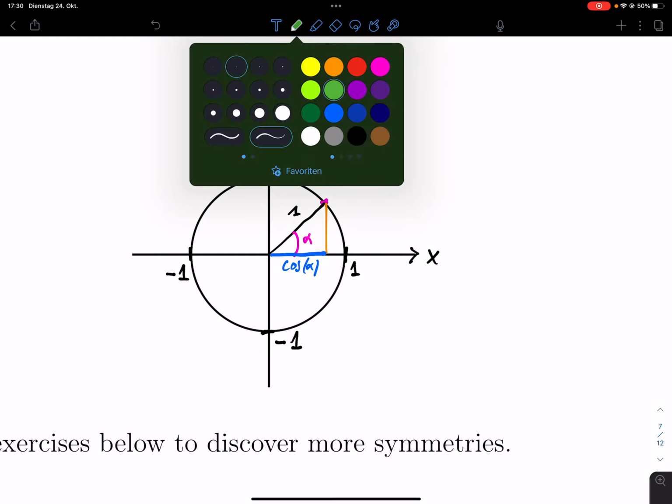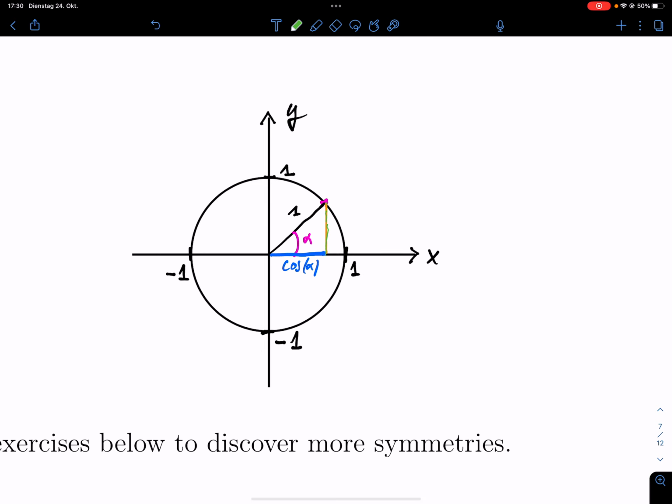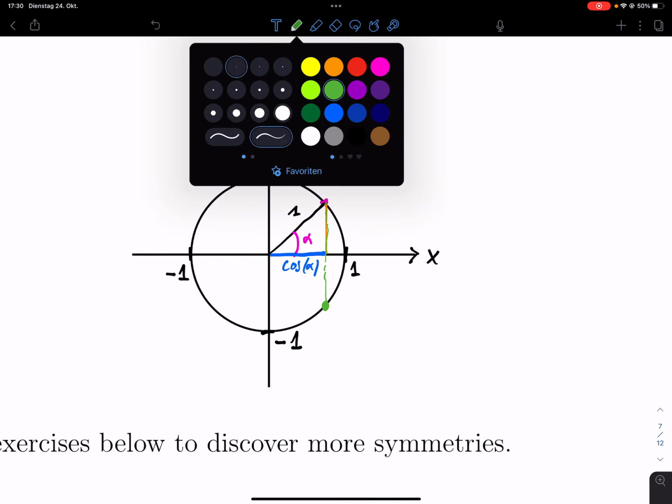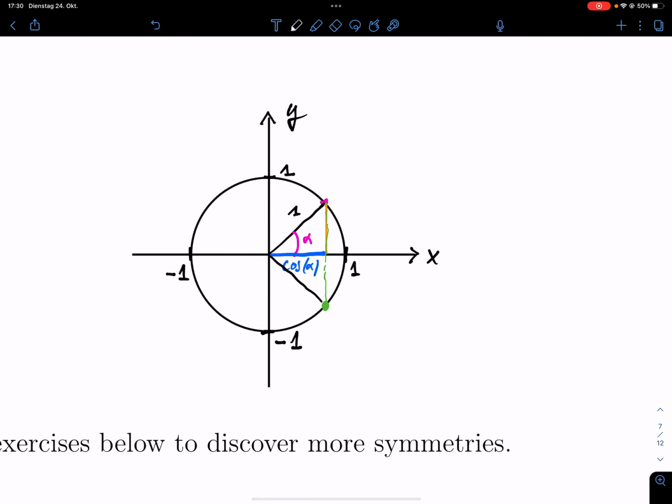And here this time you go vertically down, and then you generate this triangle here. And note that here we have to go all the way around up until here. Again, think what this could be. And this here is just 360 minus alpha, or 2 pi minus alpha.